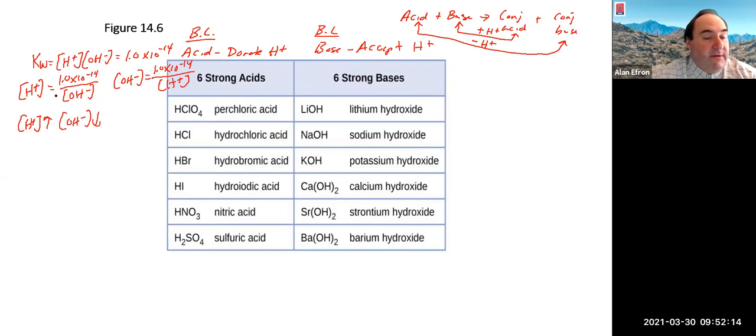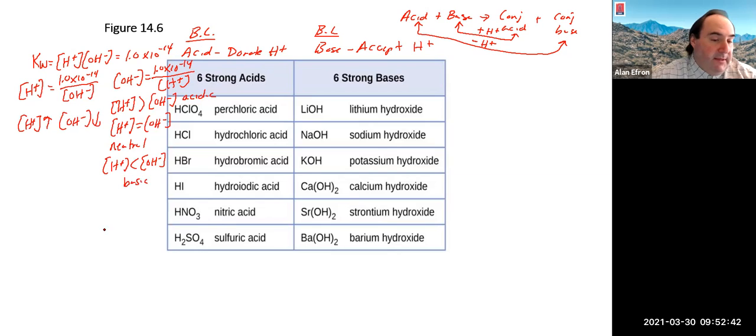So if you do this calculation, and the H plus is larger than the OH minus, then you would assume it's acidic. If the H plus equals the OH minus, then they both will be 1 times 10 to the minus 7. It will be neutral.